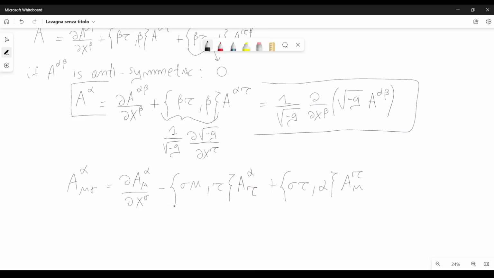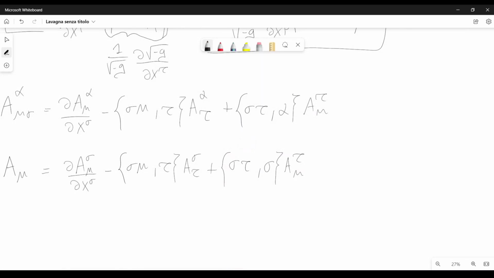Now we contract the index alpha with the index sigma. On the left we have only a vector of this kind, A_μ, whereas on the right we have ∂A^σ_μ/∂x^σ minus Γ^τ_{σμ}, which multiplies A^σ_τ plus Γ^σ_{στ}, which multiplies A^τ_μ.